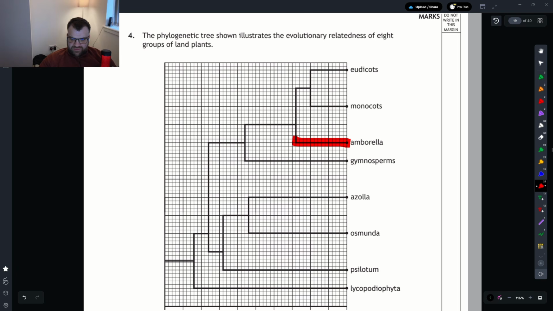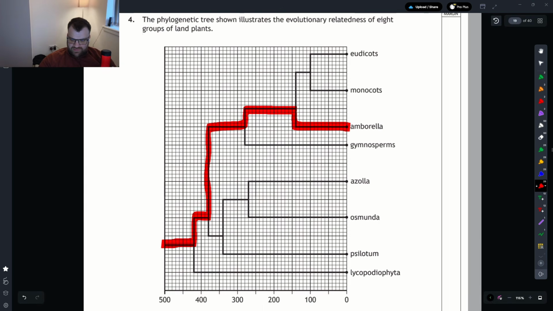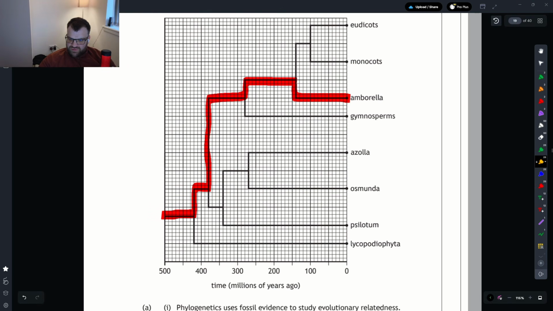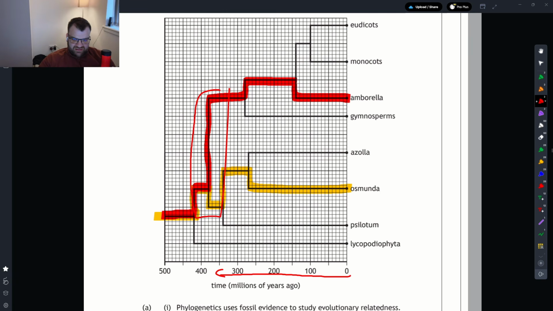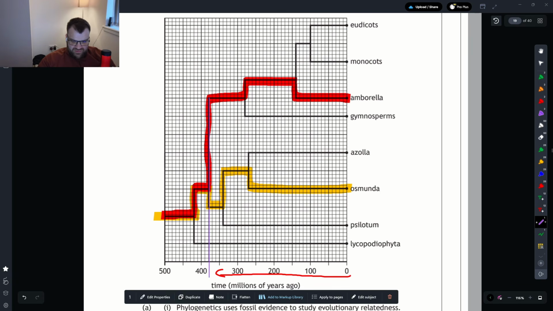So I'm going to run it up here, along, down, along. And then for the Osmunda, I'm looking for the point at which they are both at the same place. The last time, so we're going back in time from today. We're getting to this line here. I want to run that down. So we're at this point here.